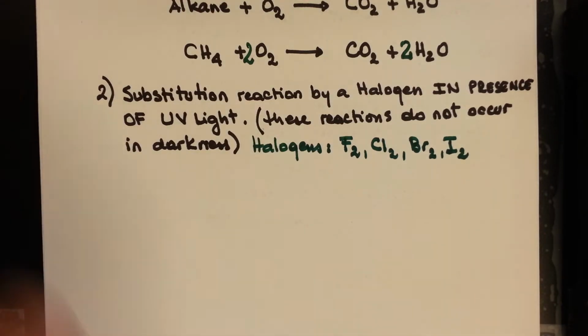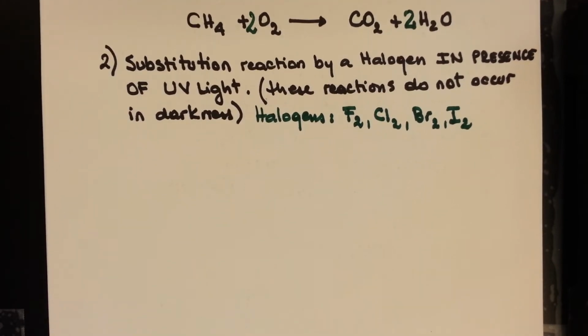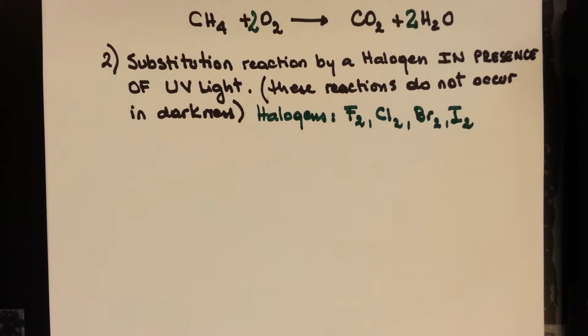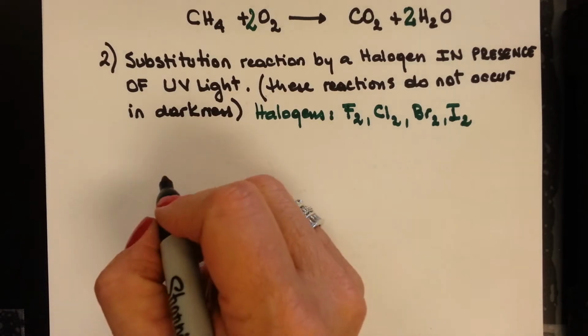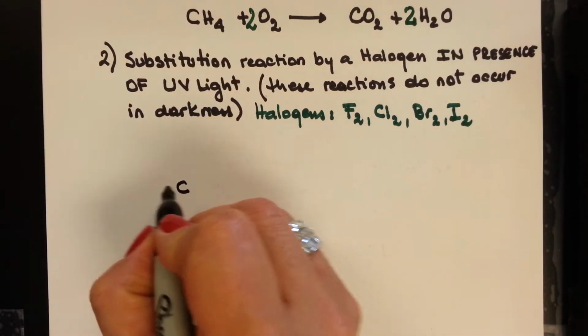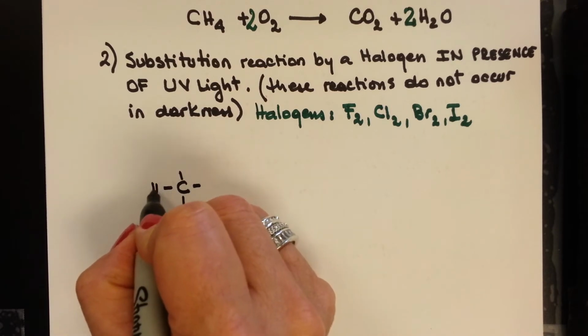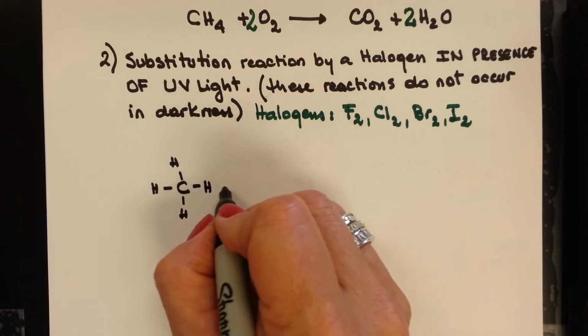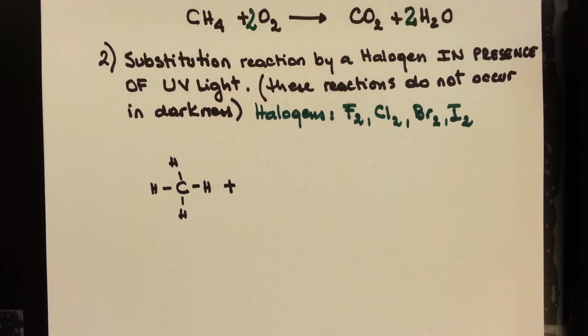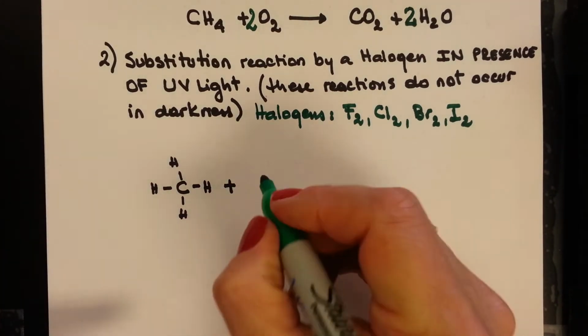So what is going to happen is that the halogen is going to react with the hydrogens in the alkane, replacing them and forming the hydrogen halide. We are going to do one of the examples with chlorine. If we have methane plus chlorine gas, I'm going to put it in green so you understand.